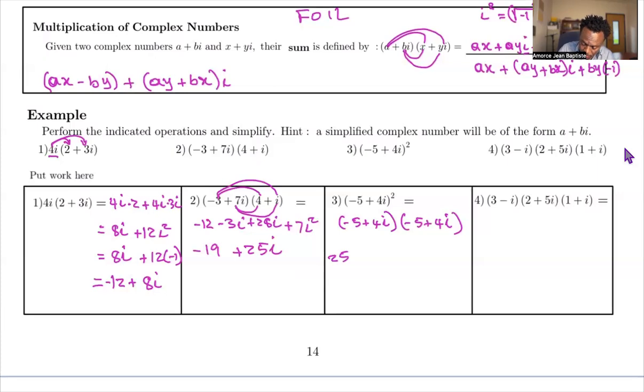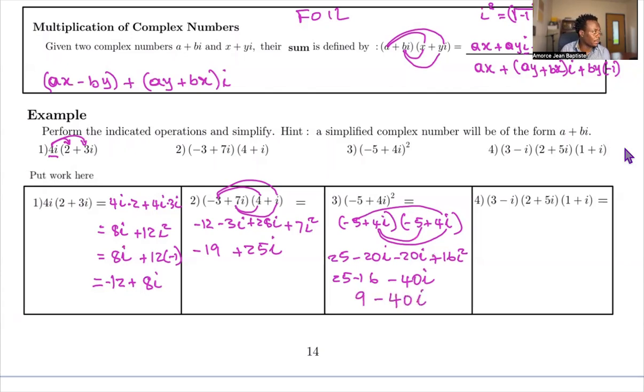And then negative 5 times 4i, that's negative 20i. 4i times negative 5, another negative 20i. And then 4i times 4i, that's a positive 16i squared, which is actually negative 16 because i squared is negative 1. So 25 minus 16 minus 40i. 25 minus 16 is 9 minus 40i.